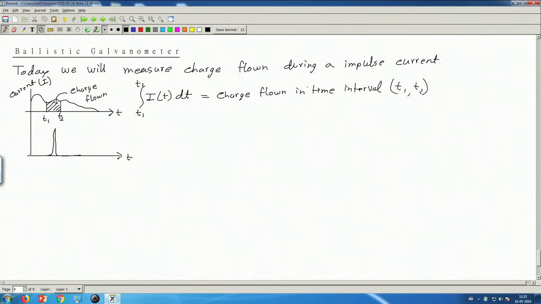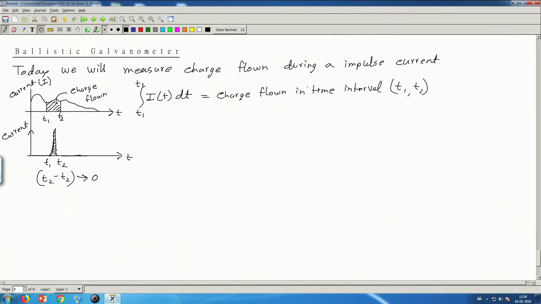So, it is 0 here, it is 0 here, but it is non-zero only for this small time interval. And this time interval, the gap between t1 and t2, is almost 0, so this tends to 0.